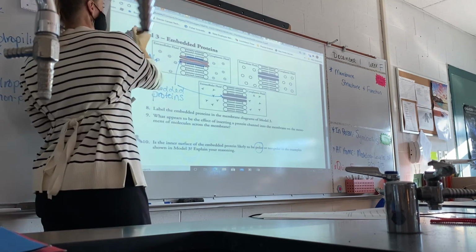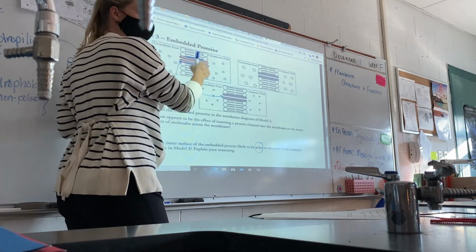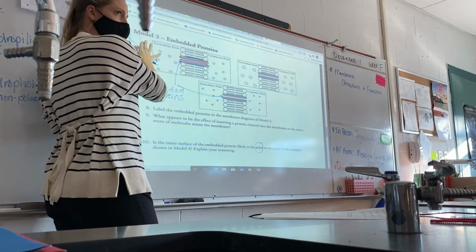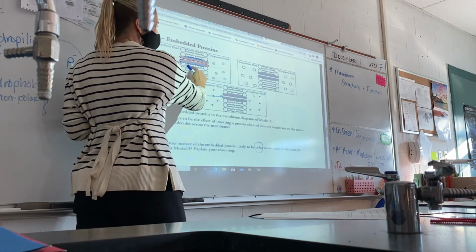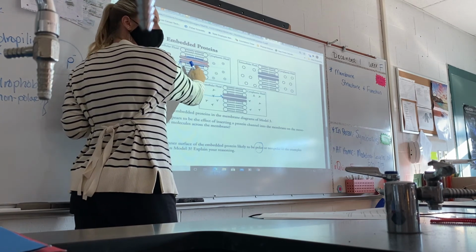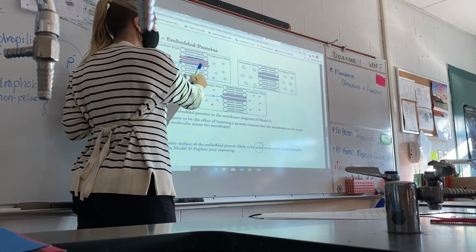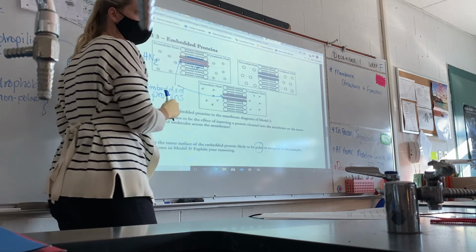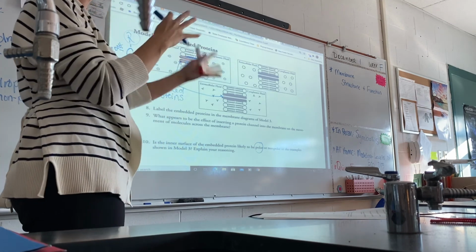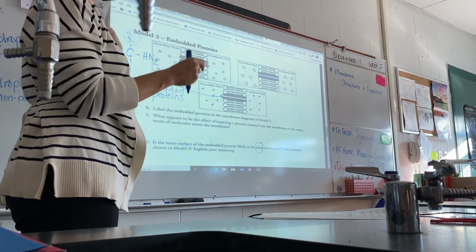The R group. The R group, right? It's the properties of the R group that's going to determine, because this can change depending on what R group is there. It's going to say, okay, so the ones here are going to be nonpolar. They have to be because they're in that nonpolar region of the membrane, where the ones here are going to be more polar, okay? So that kind of ties into what we talked about in that first unit.